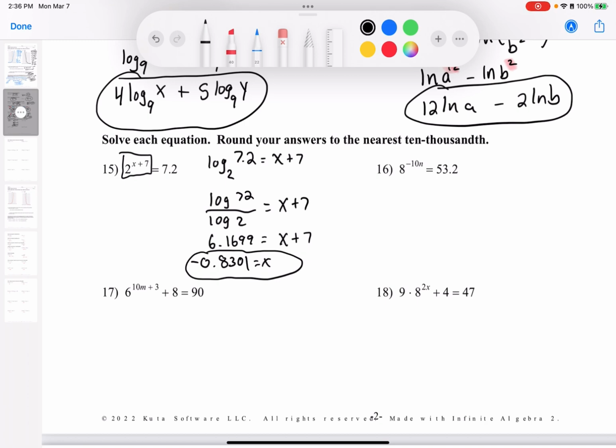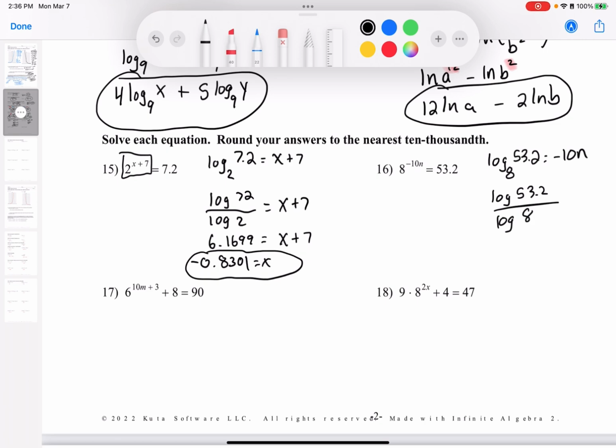Number 16, again, look at isolating the base. Our base is already done, so we're going to rewrite it as a log. So this would be log base 8 of 53.2 equals negative 10n. So change of base formula, log of 53.2 divided by log of 8.